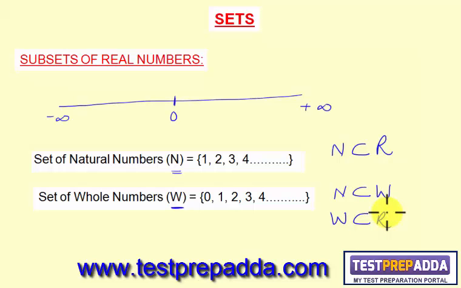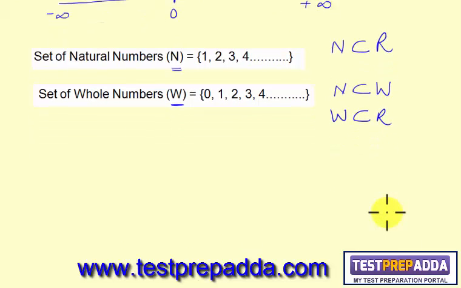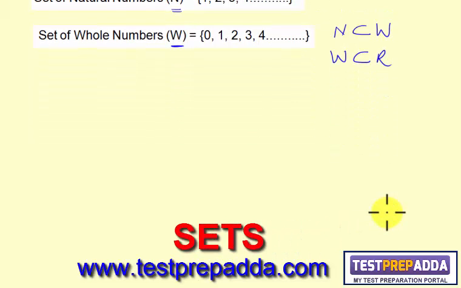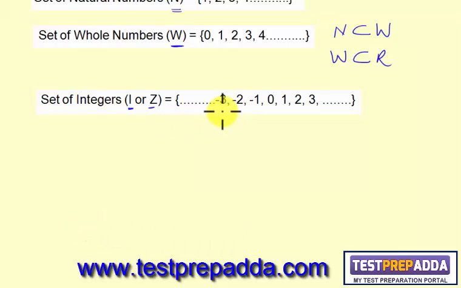Next I'll talk about set of integers. Another subset of real numbers. Set of integers. I write this with Z or I. Now, set of integers includes the negative natural numbers and whole numbers.